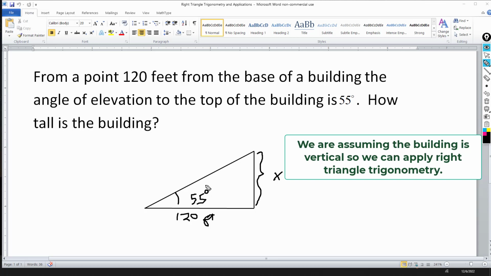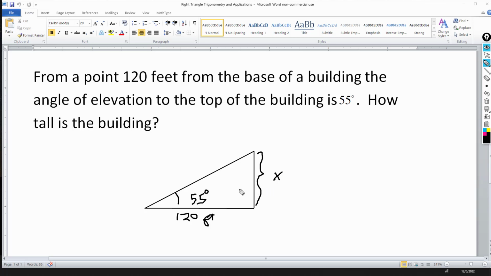So here I can't use the Pythagorean theorem, so I have to use one of the trig functions. Now which one you use depends on what you're given. For the cosine of 55, that would be the adjacent side over the hypotenuse. Well, the hypotenuse is not given. Can't use the sine because that's opposite over hypotenuse again. So the only option I have here is to use the tangent or cotangent, because they're pretty much the same, except they're reciprocals.